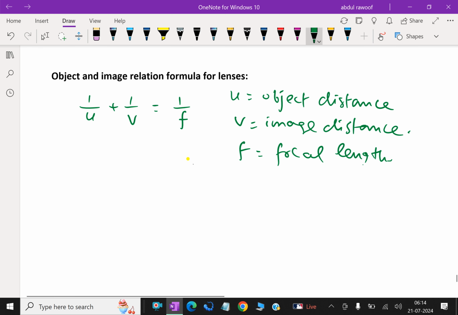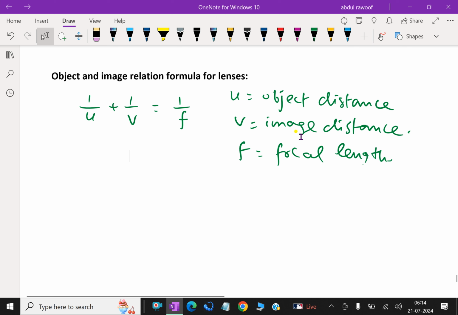Here, object distance is positive for a real object and negative for a virtual object.